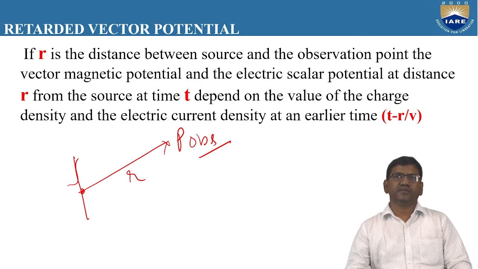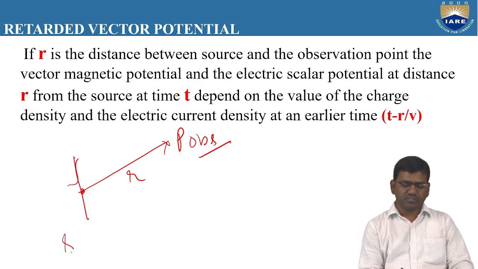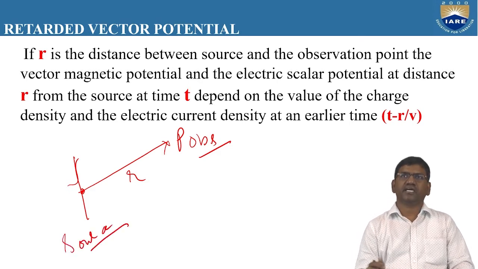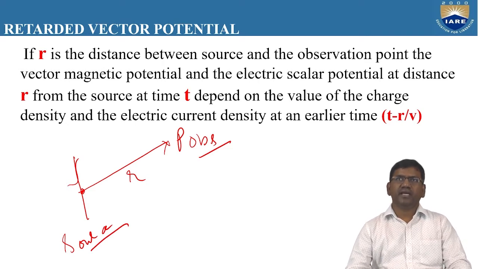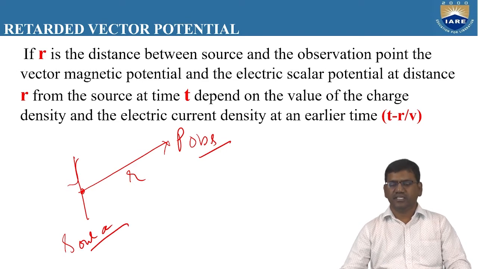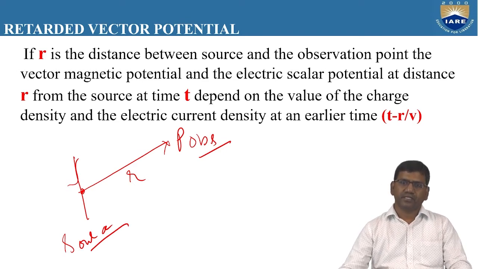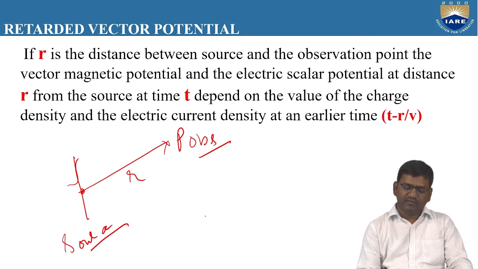If R is the distance between the source, the current element, and the observation point, the vector magnetic potential and the electric scalar potential at a distance R from the source at time t depend on the value of charge density and electric current density at an earlier time t minus R by v. Whenever we give an input supply current, charges start flowing.